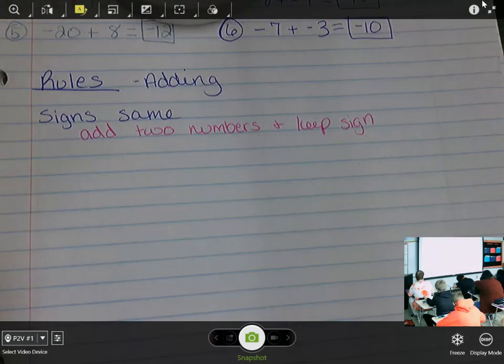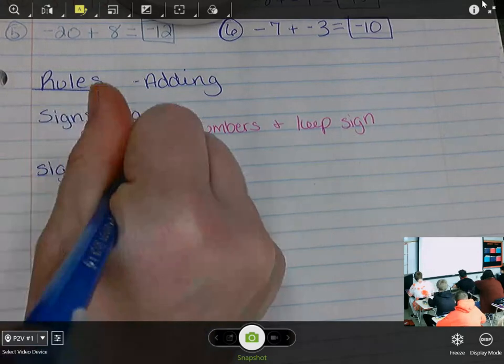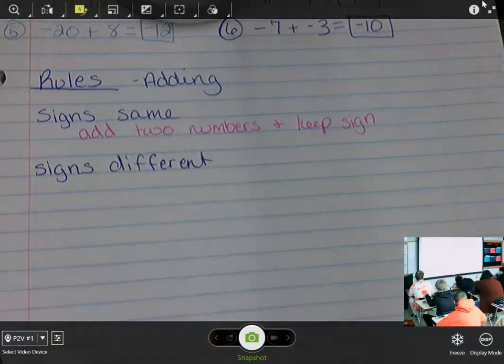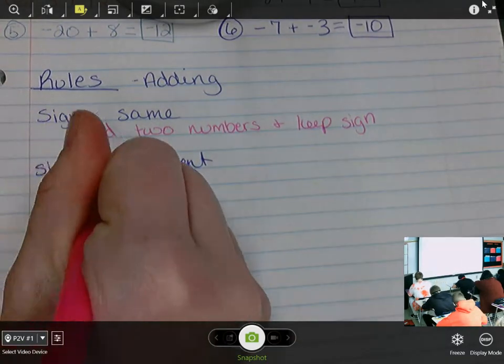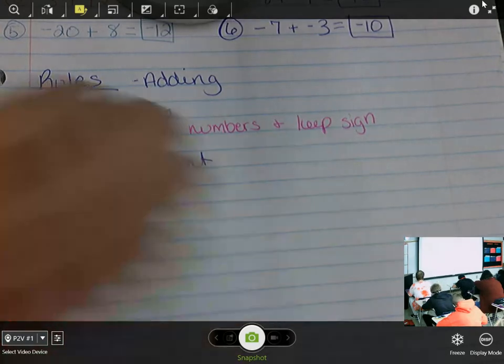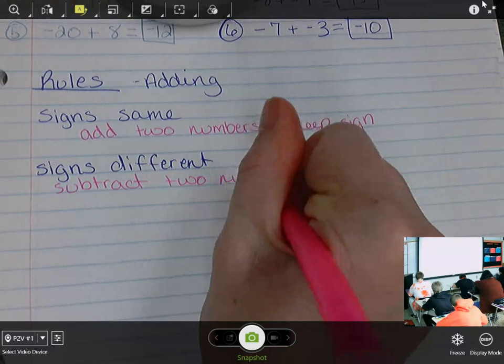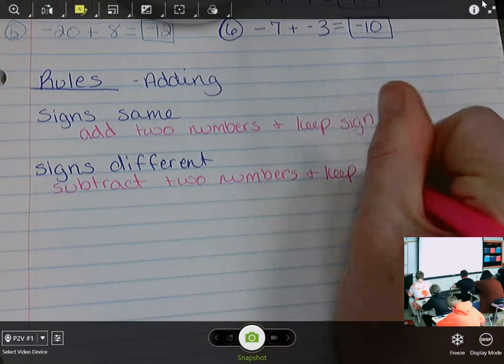If the signs are different, you need to subtract the numbers and keep the sign of the bigger number.